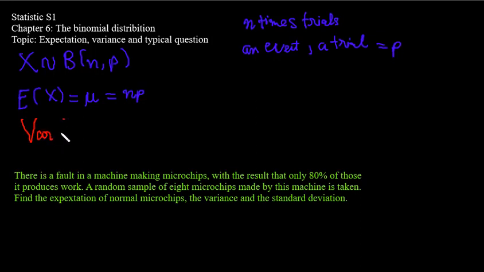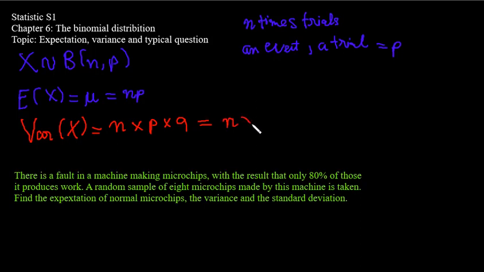Variance of X is equal to n multiplied by p multiplied by q. p is the probability that we can succeed in a trial, and q is the probability of failure for that trial. Because p and q are the only two possible outcomes of a trial, we can have another formula for that.